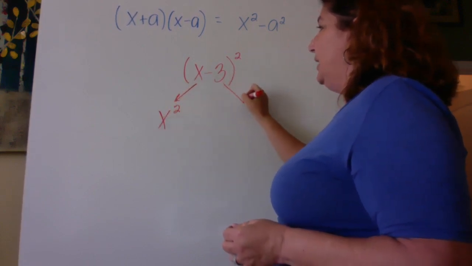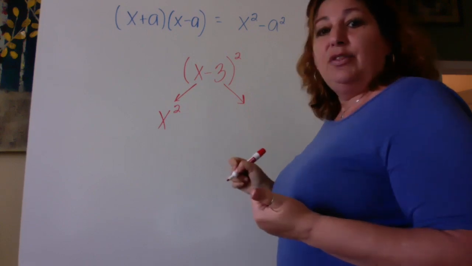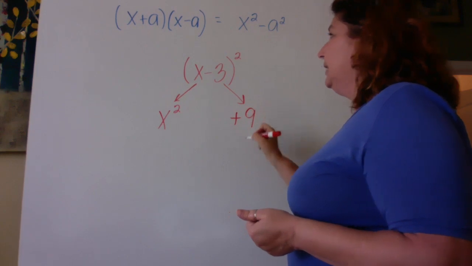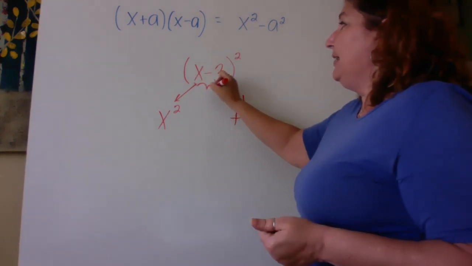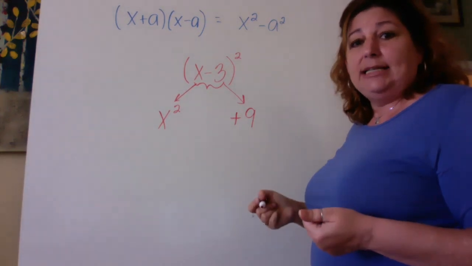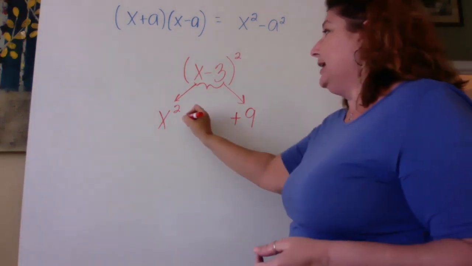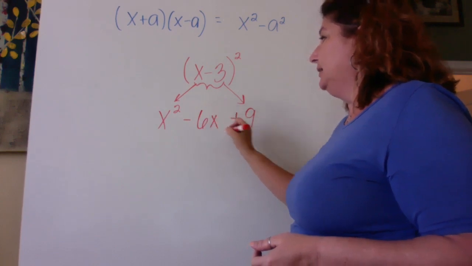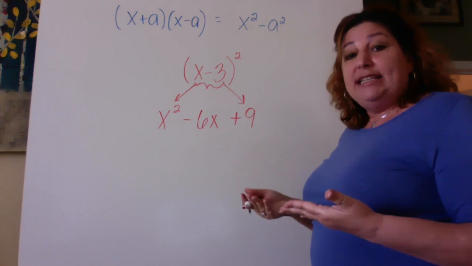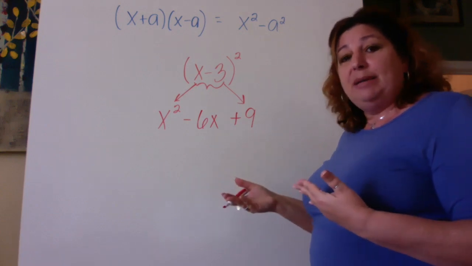I'm going to square negative 3, and negative 3 times negative 3 is positive 9. Then I'm going to multiply these together. Negative 3 times x is negative 3x, and I double it and get negative 6x in the middle. And that's how I can do that. I can predict what's coming, so it makes it easier.